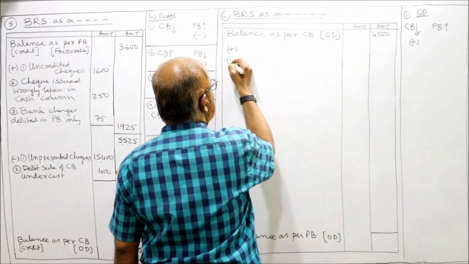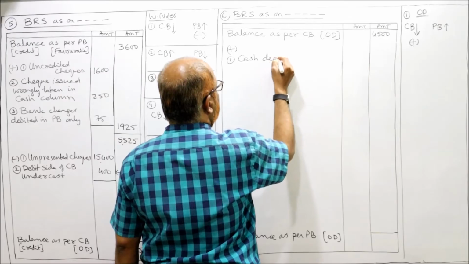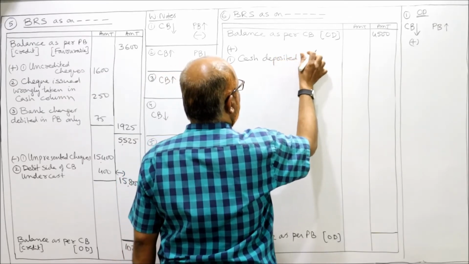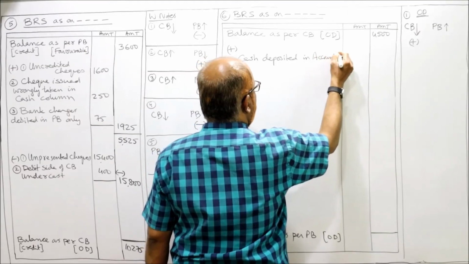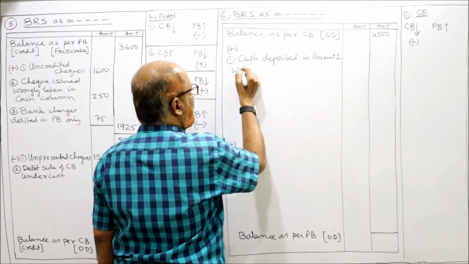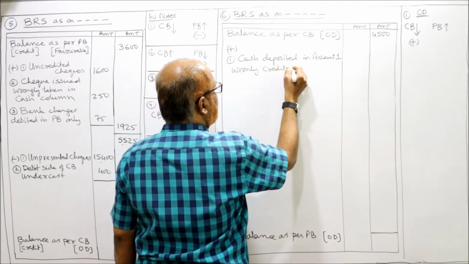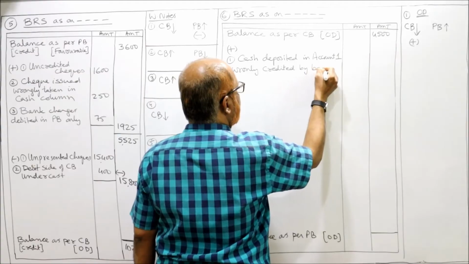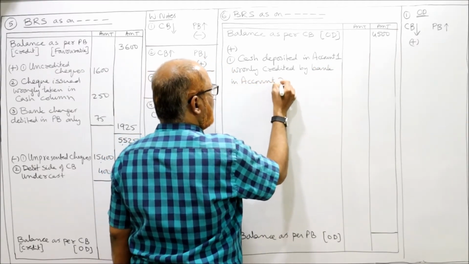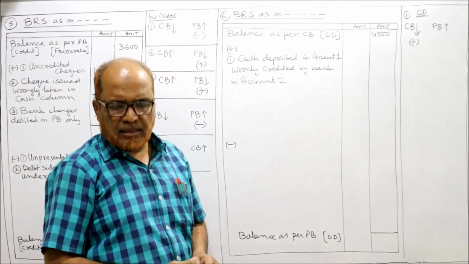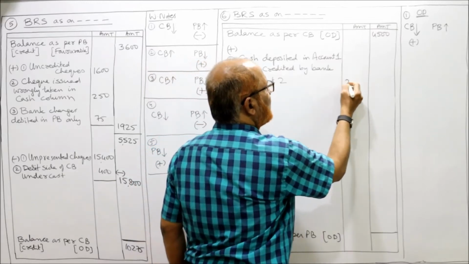So in addition items, cash deposited in account number 1, wrongly credited by bank in account number 2. By mistake, the banker has recorded that in account number 2. How much? 2,000 rupees.